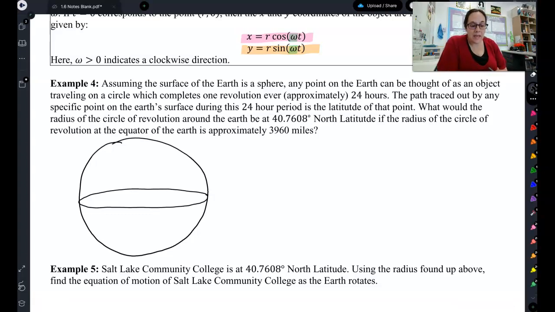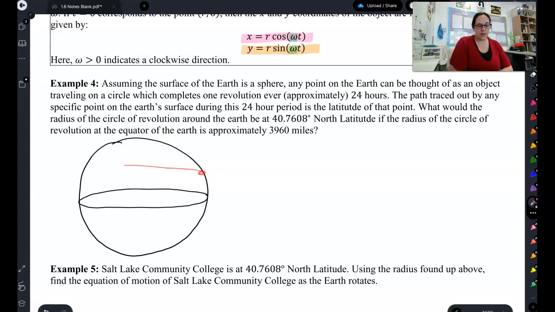Now, any point on Earth can be thought of as an object traveling on a circle. So, if I take this point on Earth, this point travels around this circle, and it travels that circle in 24 hours, one day. Travel one full revolution around the Earth in 24 hours.